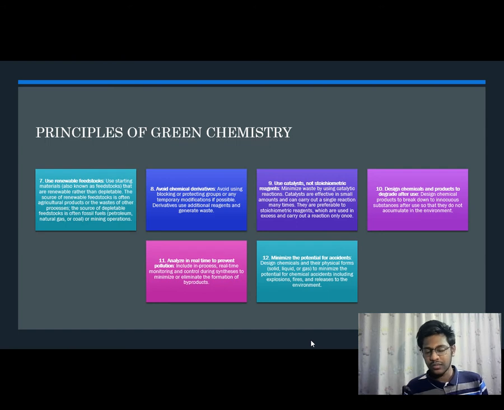Catalysts increase the efficiency of chemical processes and minimize waste. Design chemicals and products to degrade after use: design chemical products to break down into innocuous substances after use so that they do not accumulate in the environment like pollution.